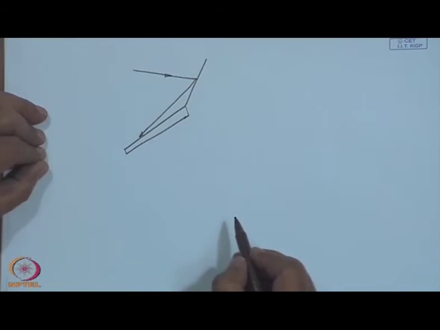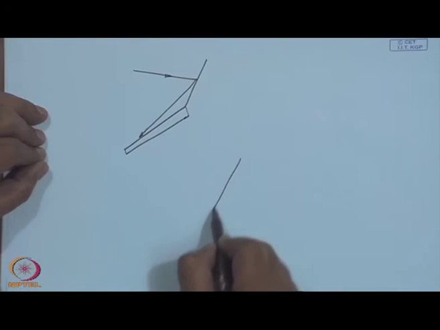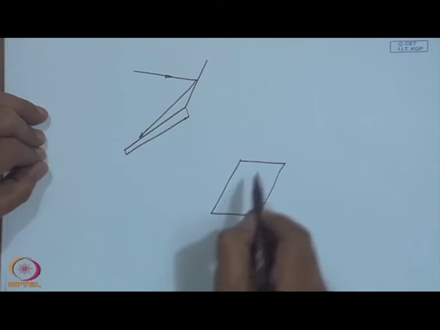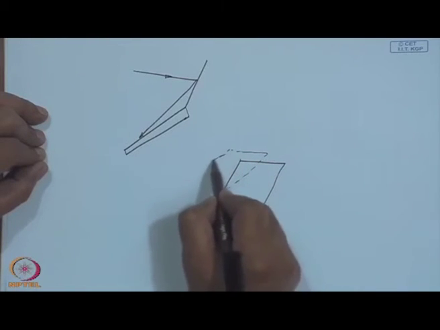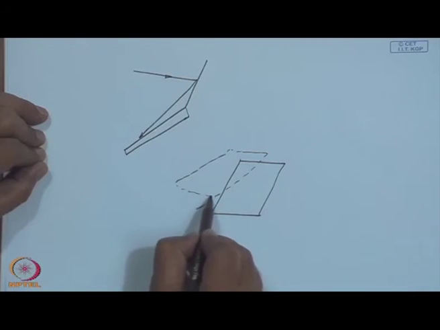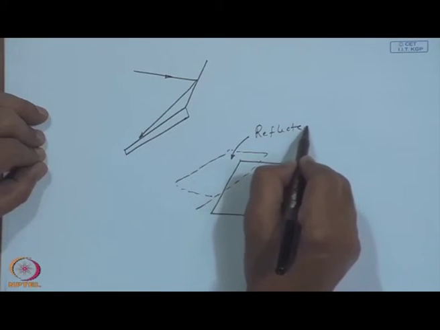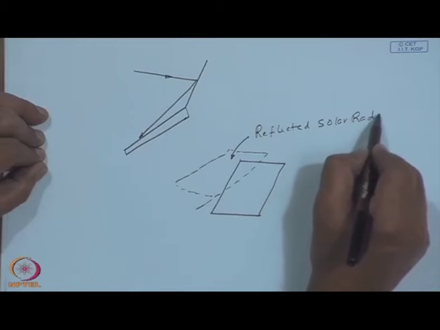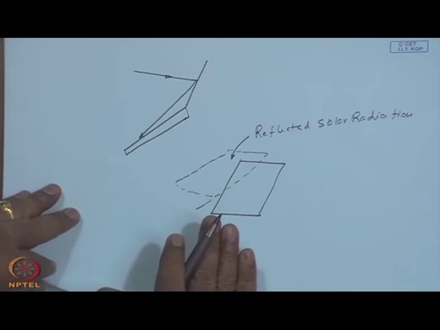So, depending upon the time of the day, if I show this to be the collector in some view, this may be the reflected solar radiation. It may not exactly fall area to area of the collector and the corresponding mirror.